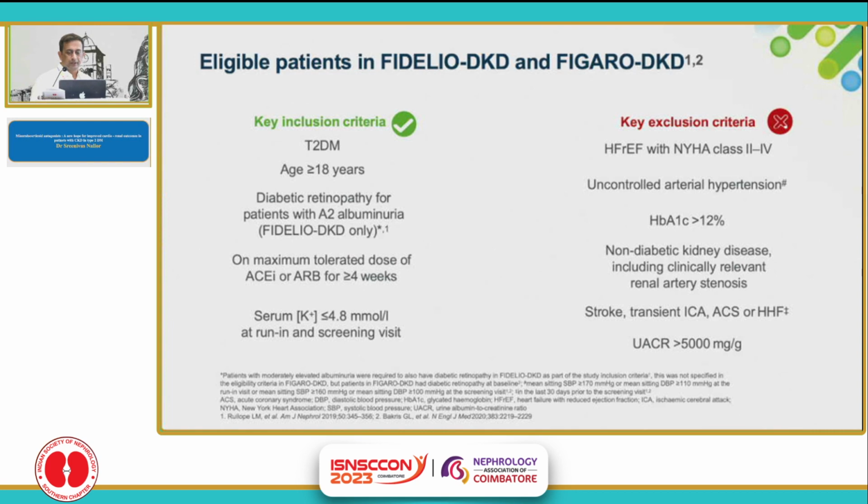Exclusion criteria: heart failure with reduced ejection fraction and NYHA class 2 to 4 symptoms, uncontrolled arterial hypertension, HbA1c more than 12, non-diabetic kidney disease, including clinically relevant renal artery stenosis, stroke, transient ischemic attack, ACS, or hospitalization for heart failure, and very high albuminuria.